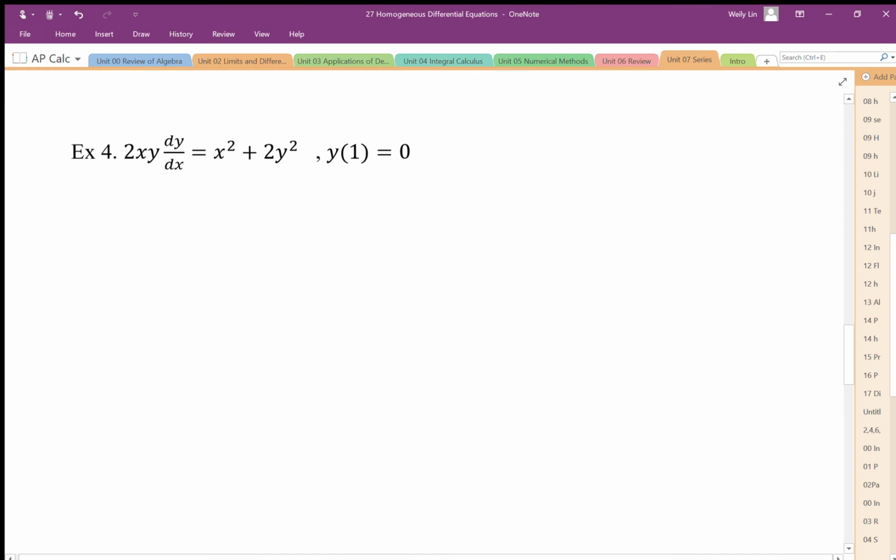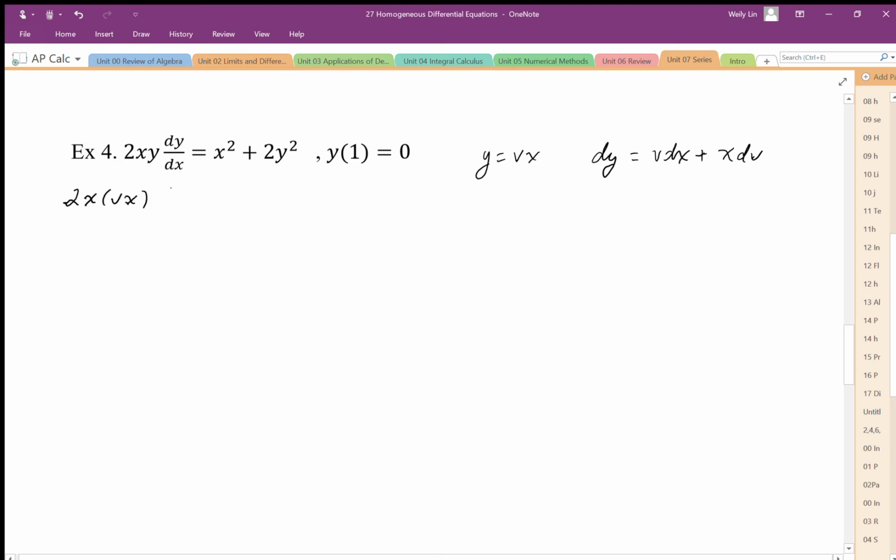So we're going to substitute our y equals vx again. Okay, and then our dy, we're going to substitute with v dx plus x dv. Okay, so then we end up with 2x, and then there's our vx.